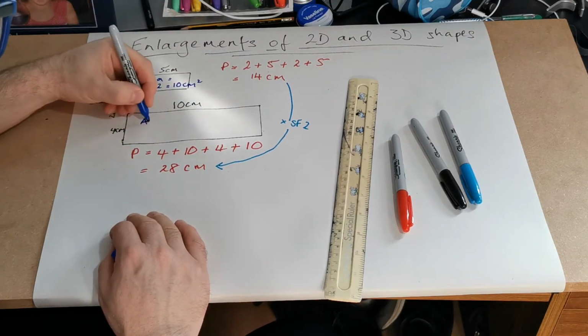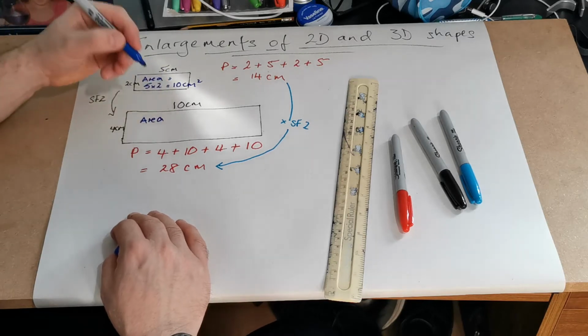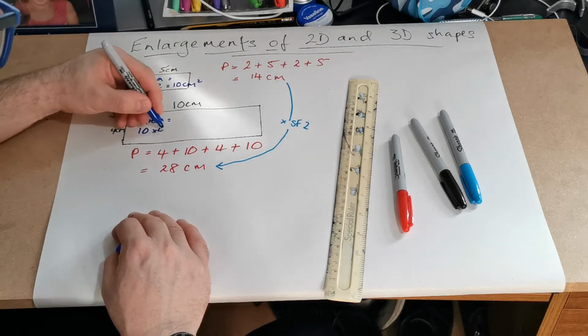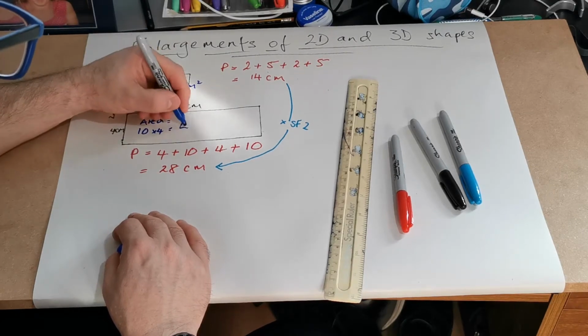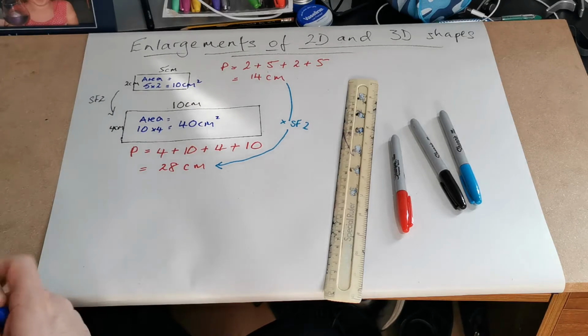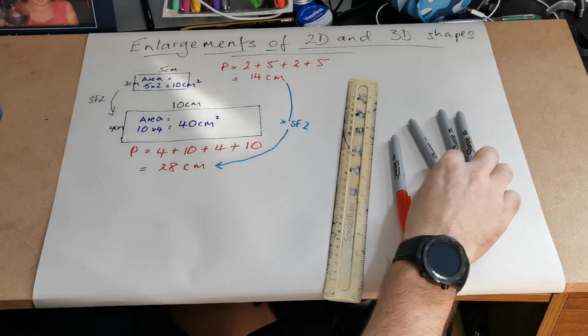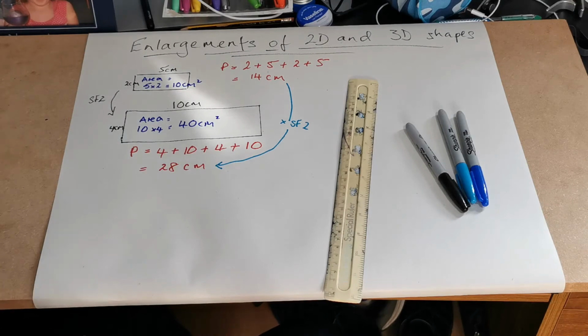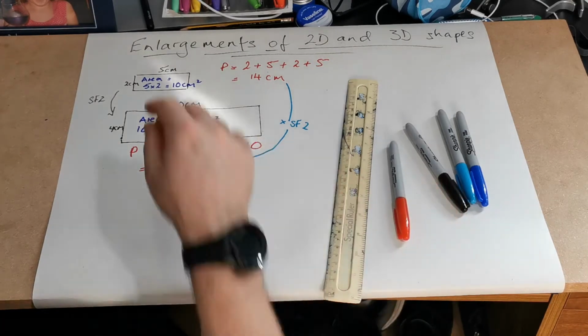In this one, 10 times 4, which is 40 centimetres squared. So that hasn't been times by the scale factor.